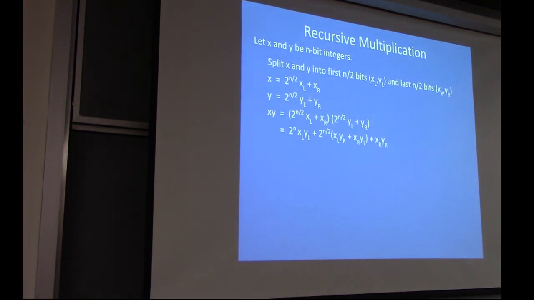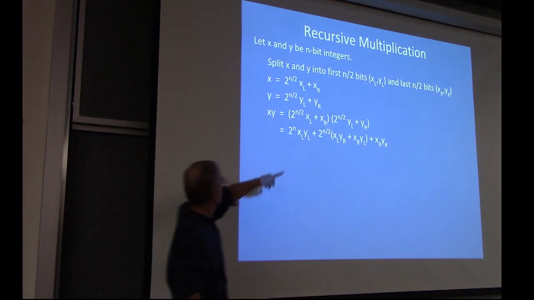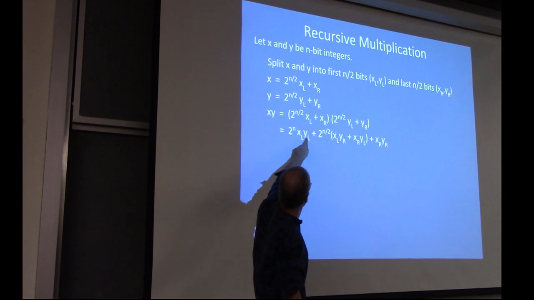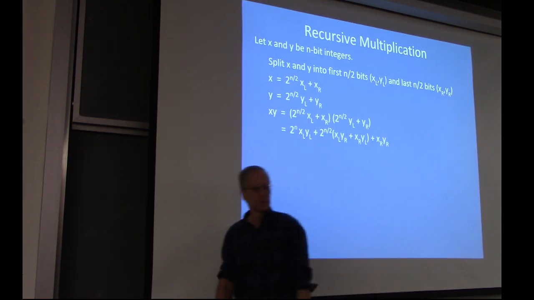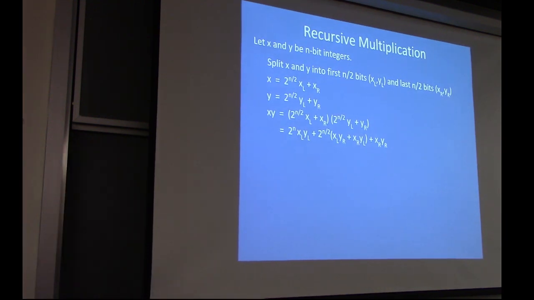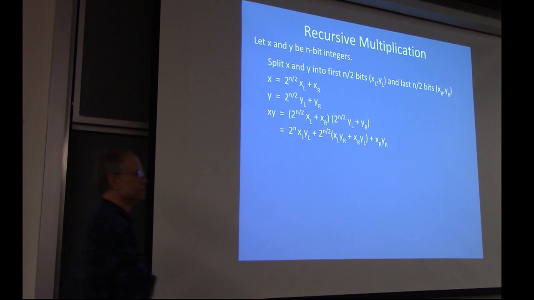Okay, we can expand that out. And we get 2 to the n times this, plus 2 to the n over 2 times this, plus that. So I just did a little algebra there. And what algorithm does it suggest now? Where's our recursive multiplication algorithm?